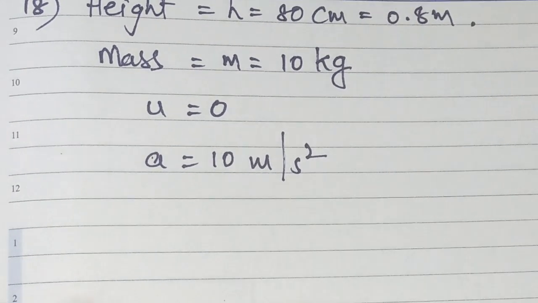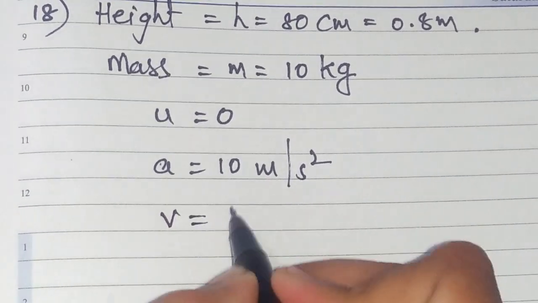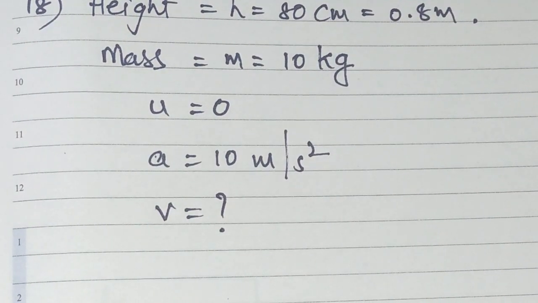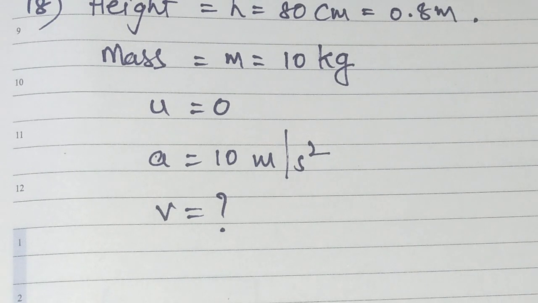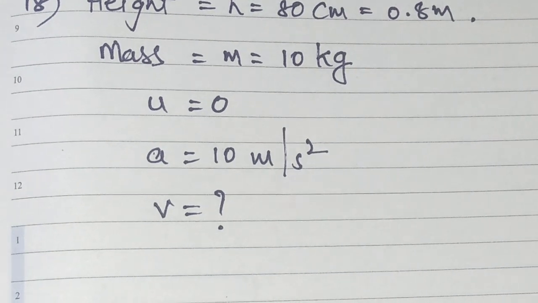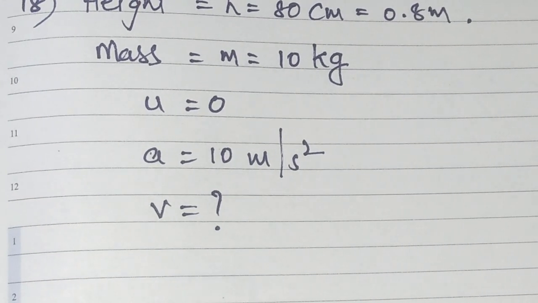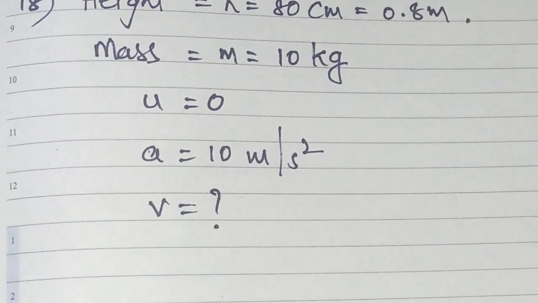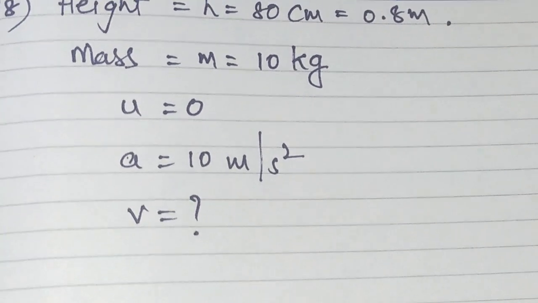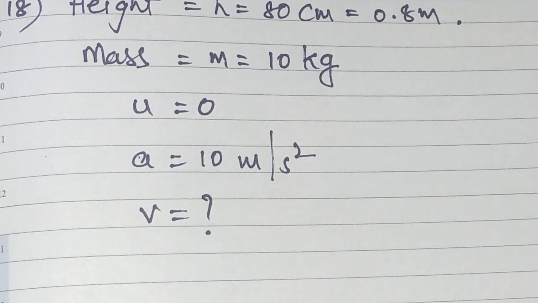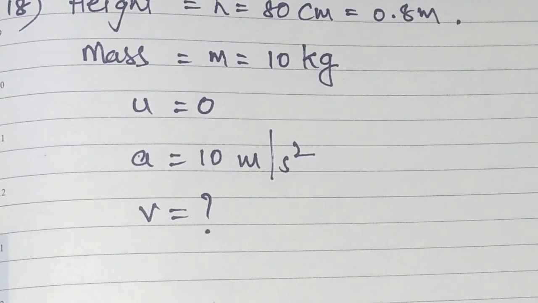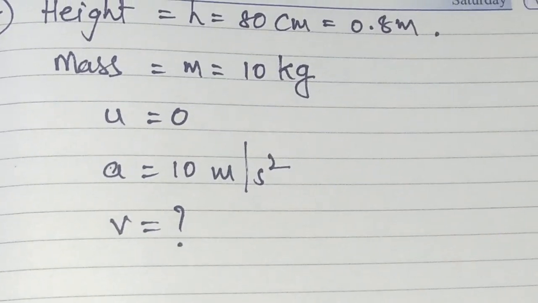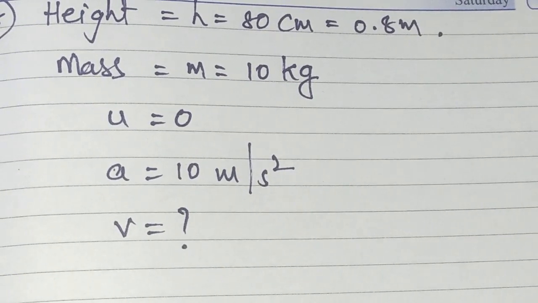Now we have to find out the final velocity, and then calculate the momentum. We have only these values: height, mass, initial velocity and acceleration. How can we find out the final velocity?